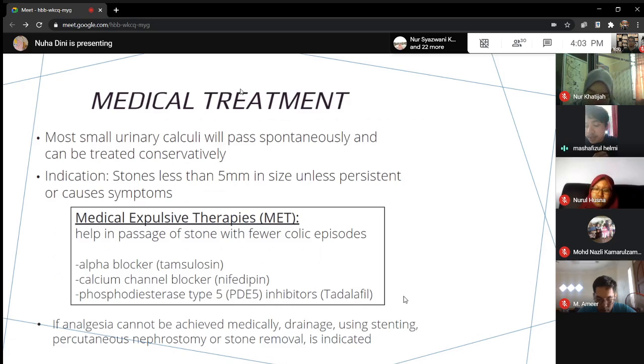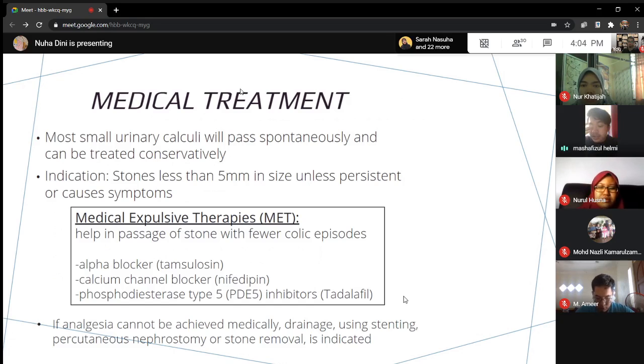Medical expulsive therapy helps in passage of stone with fewer colic episodes. In this intervention, we give an alpha blocker such as tamsulosin, a calcium channel blocker such as nifedipine, and a phosphodiesterase type 5 inhibitor such as tadalafil.